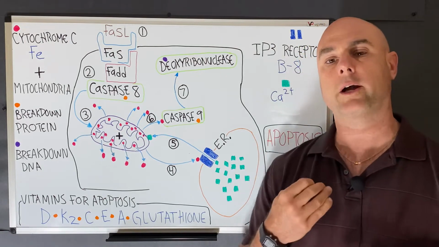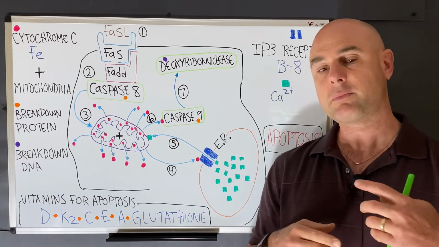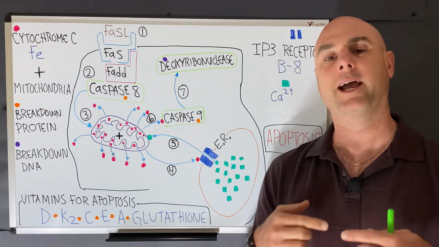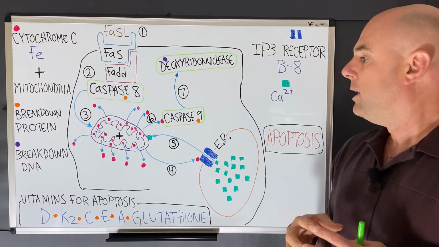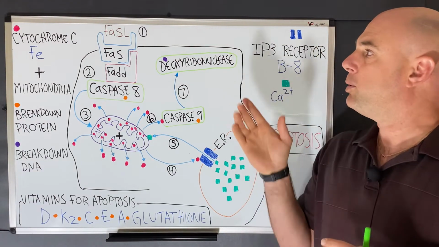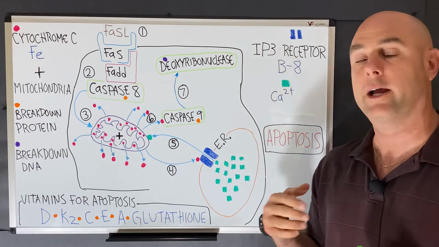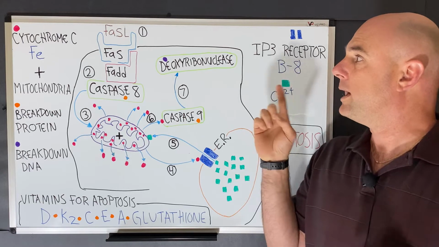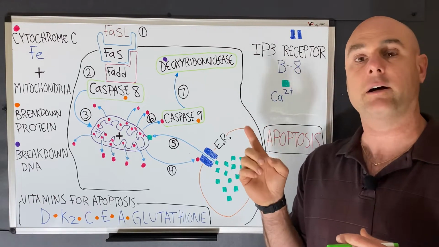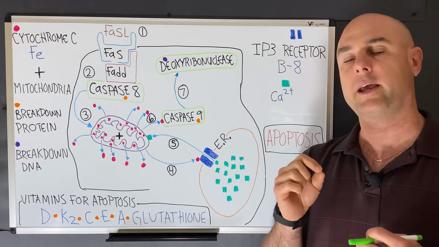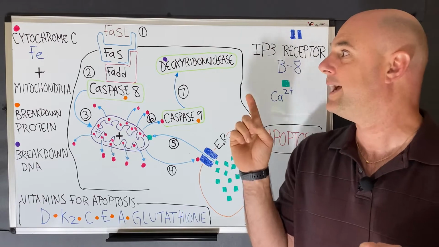Now on the board here, I want to illustrate a small aspect of apoptosis and highlight specifically how we use iron and calcium in the process. On the top of the board, I have the process labeled by number as we go forward. At number 1, we have FASL. FASL is a first apoptosis signal ligand.